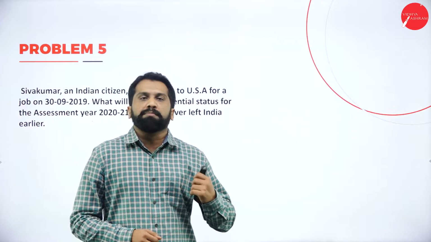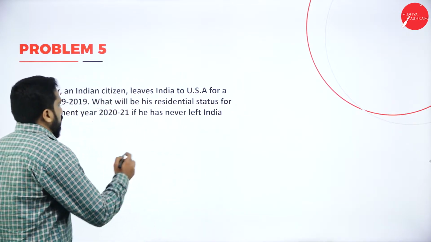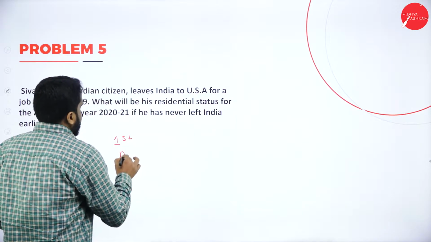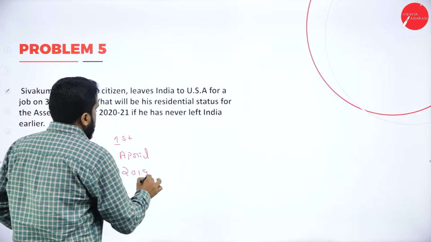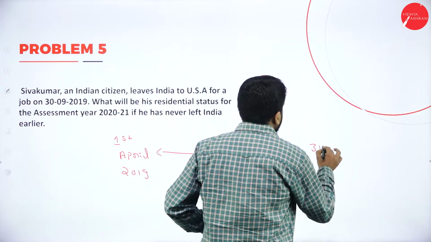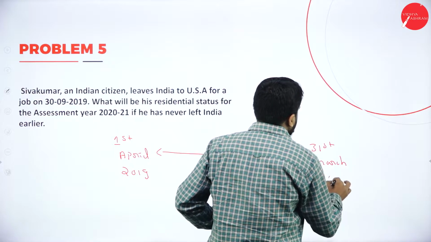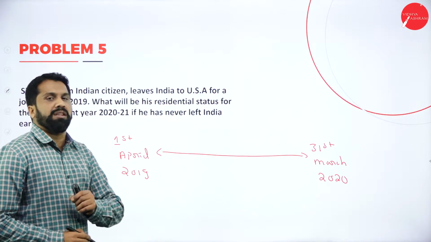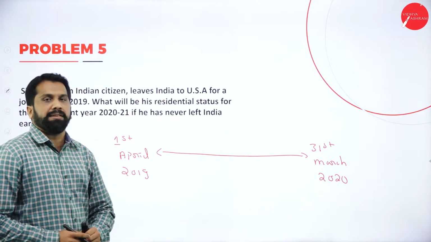If you get problems like this, it is very easy. Now, normally your year begins on 1st April 2019 till 31st March 2020. This we call as financial year, and also we call it as previous year for your calculation.